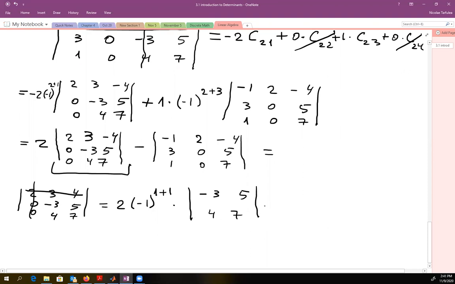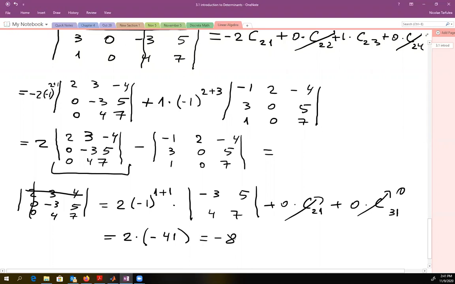So you can say here, if you want, plus 0 times this cofactor C21, but it doesn't matter, plus 0 times C31. These are zeros. And so the first determinant is just 2 times, here I have 21, negative 21, minus 20. So, okay, minus 41. So I got negative 82.